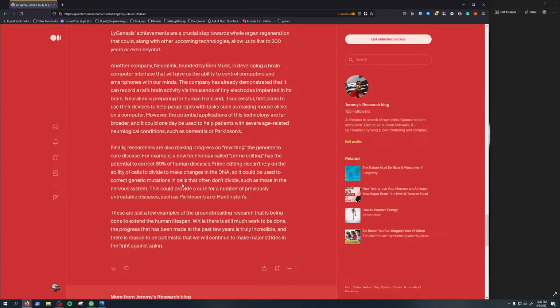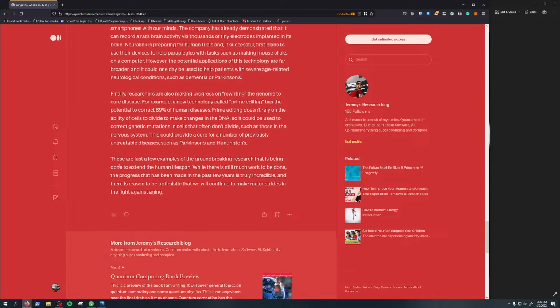Finally, researchers are making progress on rewiring the genome to cure disease. For example, a new technology called prime editing has the potential to correct 89% of human diseases. Prime editing doesn't rely on the ability of cells to divide to make changes in DNA, so it could be used to correct genetic mutations in cells that don't often divide, such as those in the nervous system, and this could provide a cure for a number of previously untreatable diseases such as Parkinson's and Huntington's.